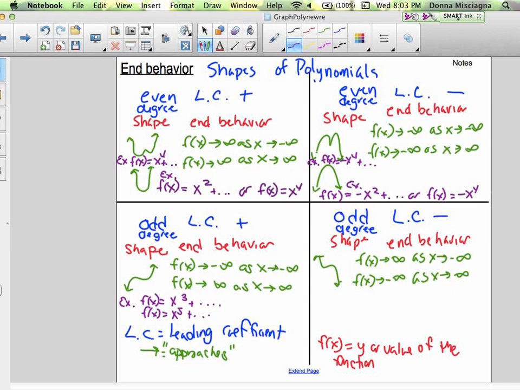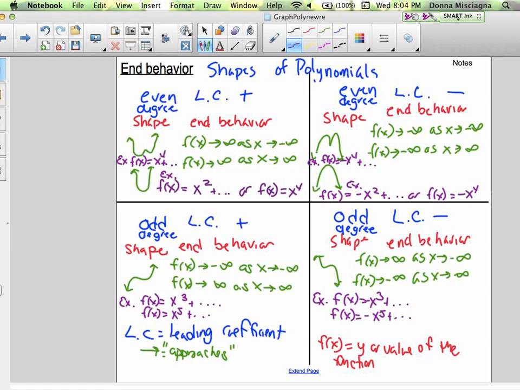So example equations would be f of x equals negative x cubed plus, it could have stuff with it, or f of x equals negative x to the fifth, and it could have stuff with it.